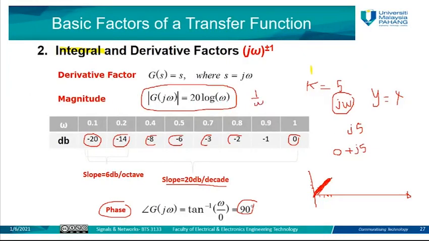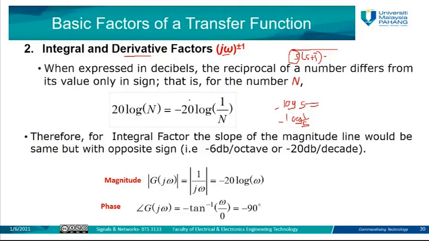So it will be the same, but the sign will be changed, as you can see here. The magnitude of G(j omega) is the magnitude of 1 over j omega, which is negative 20 log omega. This is the angle, and if we have the same table here, all the values will be the same, just with a different sign. So negative 20 log omega.